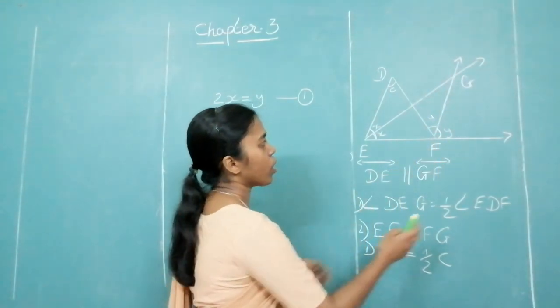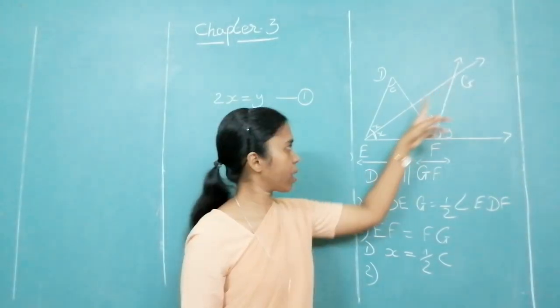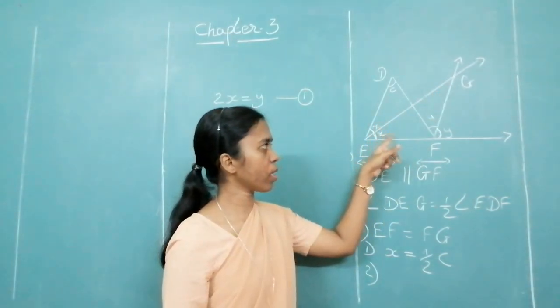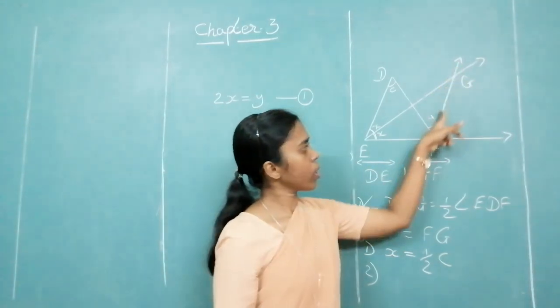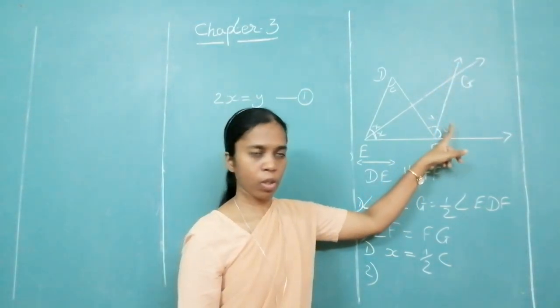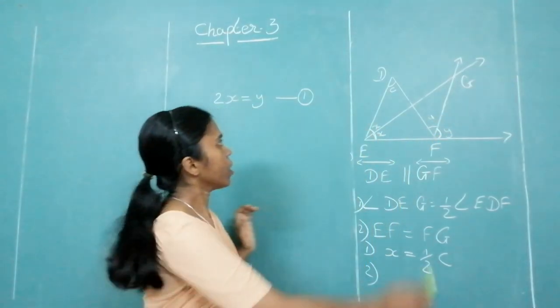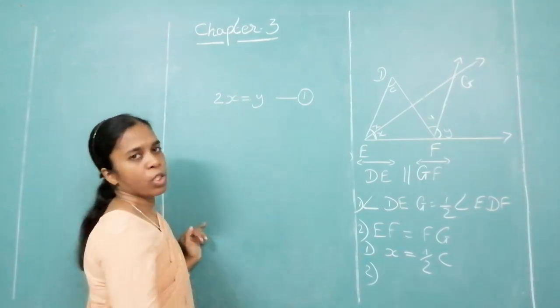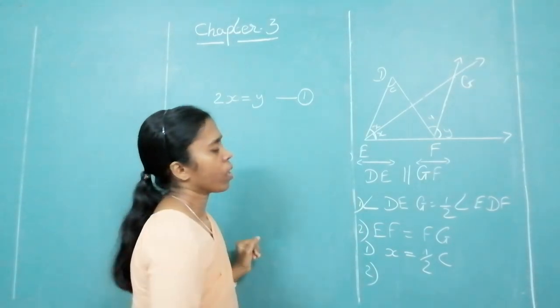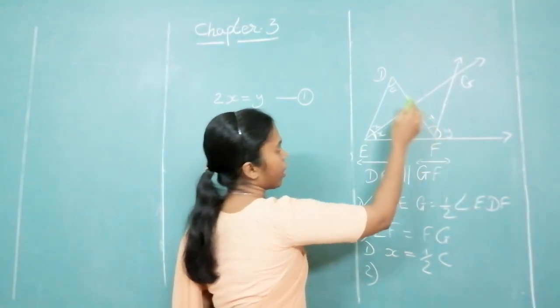Now we are also told that EG is an angle bisector. So this is x, this is x. FG also is an angle bisector. Therefore y is equal to y. This is actually marked in your textbook itself. Now this is what we have got: 2x is equal to y. Look at this triangle. I have triangle DEF.